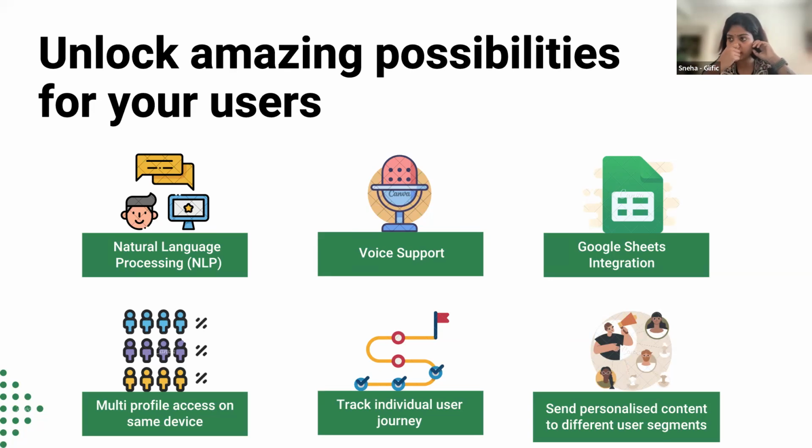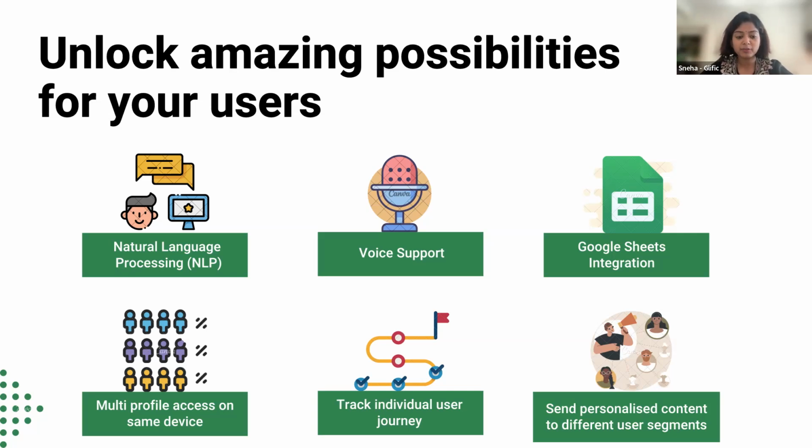Now, let's suppose you want to update 1,000 contacts, you want to update any information about those contacts, you can do it on Google Sheets and integrate with your platform, so that those many contacts will get updated. All such customization is possible through Google Sheets integration.